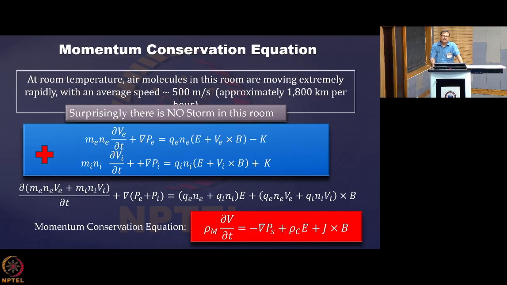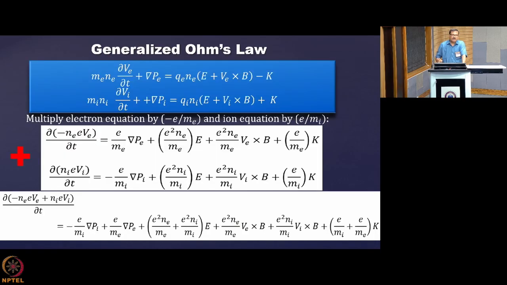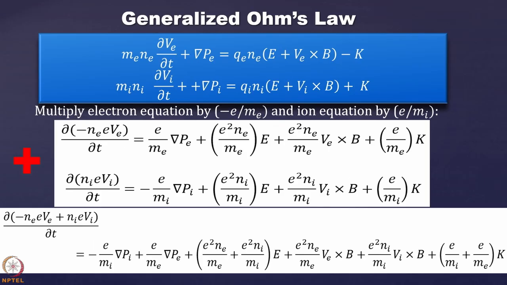We will see that under certain special conditions we can reduce this generalized Ohm's law to the Ohm's law we know ordinarily, like J equal to sigma E. So we start with the derivation of the generalized Ohm's law.